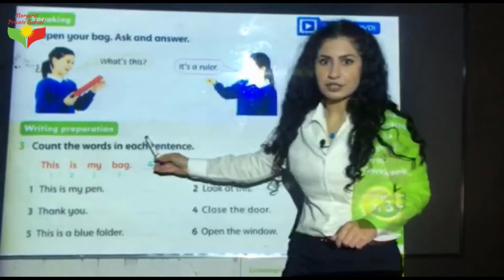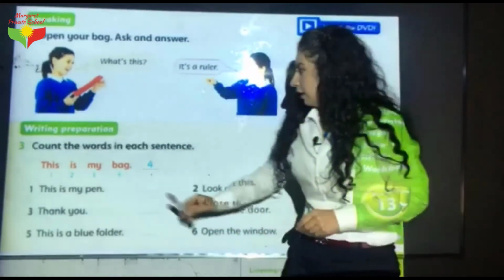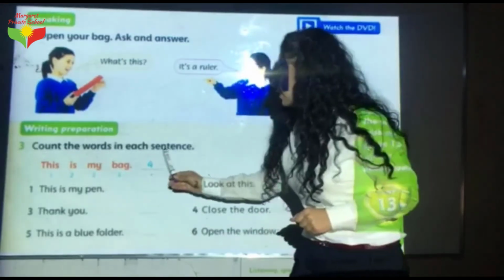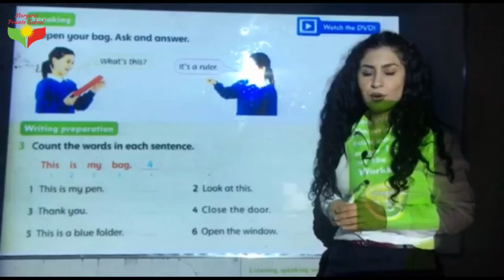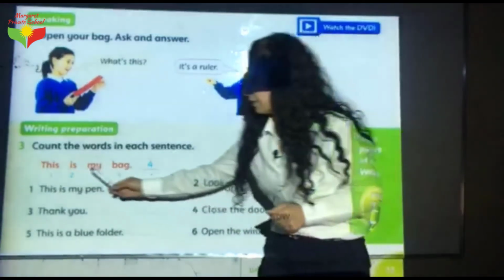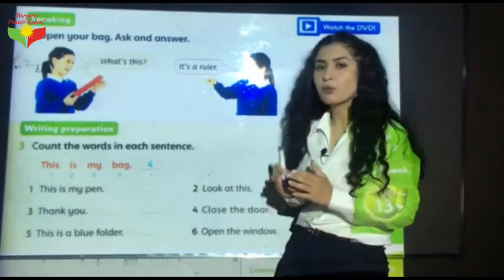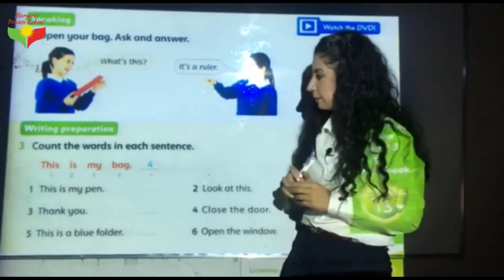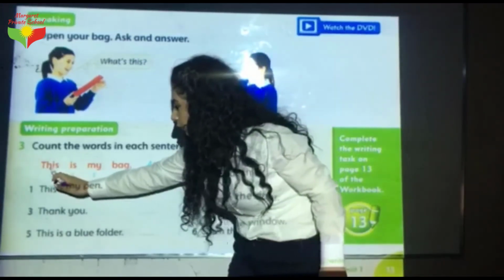Writing preparation. Okay. Count the words in each sentence. Look at this sentence. We have to count the words one by one. Look at here. One word.